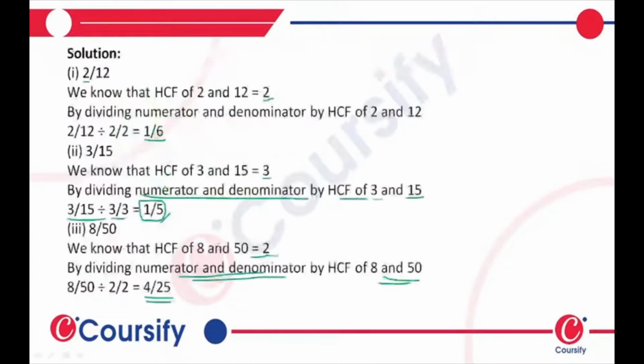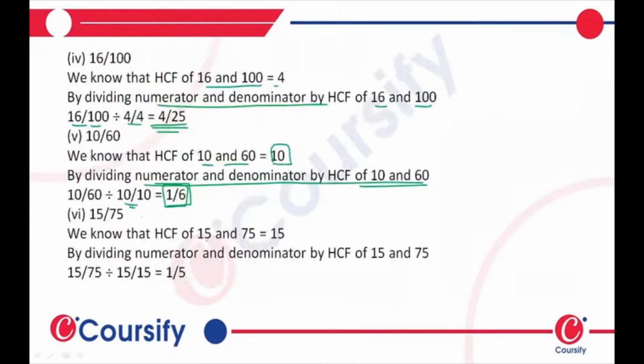So this will be the answer. So we know that the HCF of 15 and 75 is equal to 15. Okay, by dividing the numerator and denominator by the HCF of 15 and 75, 15 by 75 divided by 15 by 15, we get it as 1 by 5. Perfectly, we get it as 1 by 5.